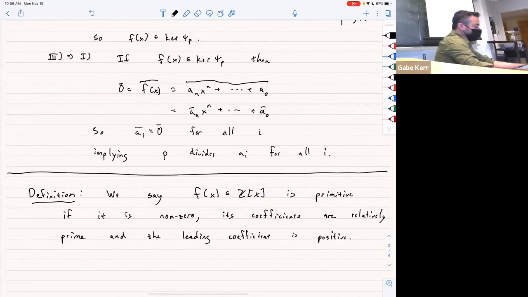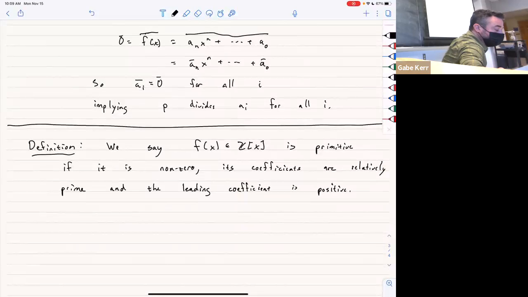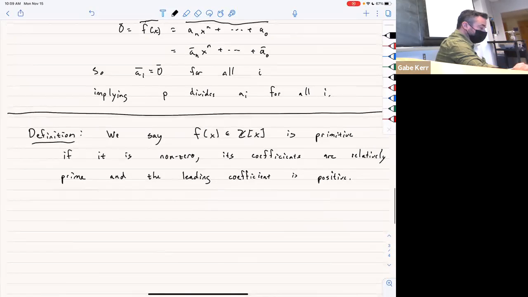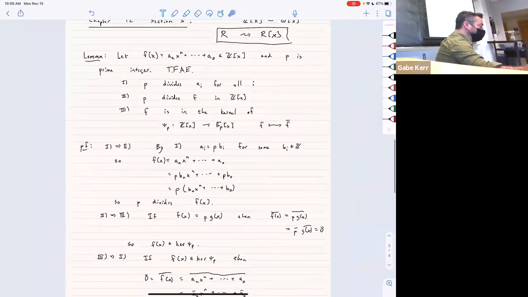In a sense, this is, well, then you can really rewrite this lemma. Well, I'll just say it. I don't want to rewrite it. So with this notion in mind, we can rewrite this lemma as the following. With the new notation, we could say f is primitive. It's not exactly a rewrite, but it's sort of the same.